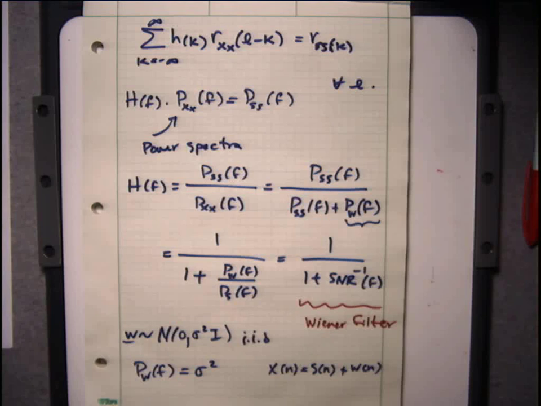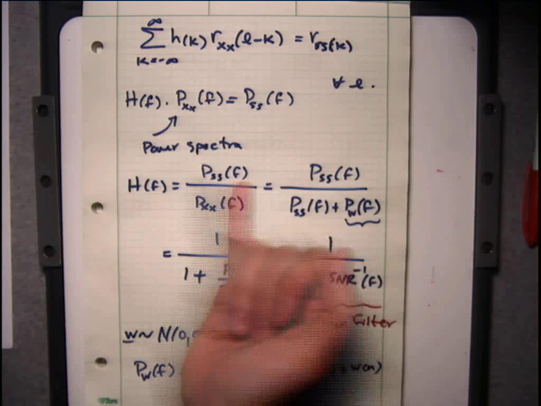Let's say this S are pixels from a clean image, and X are now pixels from a noisy image. I give you this noisy image, and I ask you to denoise it for me. And what you're going to do is try to use this Wiener filter. Well, the problem is you don't know anything about this clean image. It's just a photograph that somebody took. So you don't know PSS.